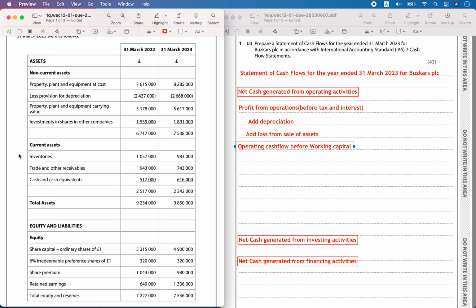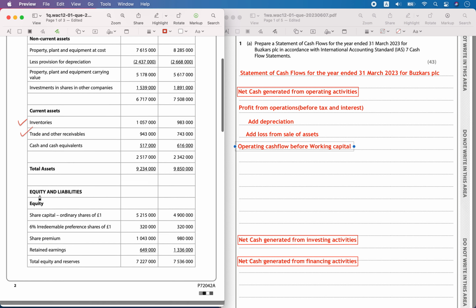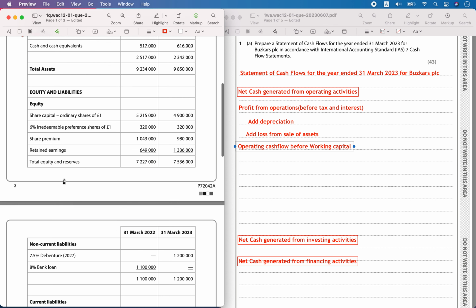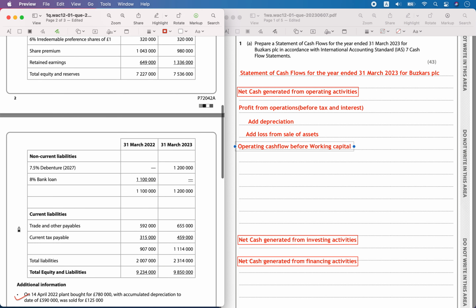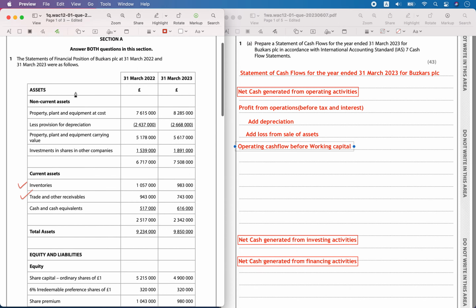The current assets which I'm going to include in this section are for the operations only: inventory and trade receivables. And in the current liabilities I am going to include trade payables. These are related to operations and are going to affect the operations, so only these will be included.